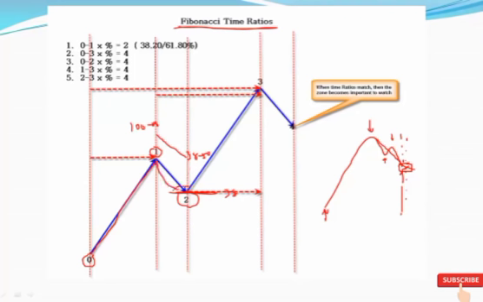And when it does that, if it's around a retracement level, a horizontal retracement level, it's now exhausted its time retracement and price retracement, and we look for an opportunity for a trade. So the real trick in Fibonacci is not only price retracements, it's also looking at time.